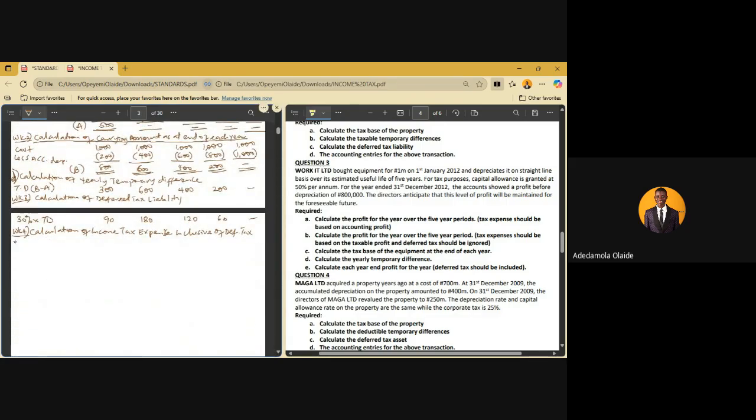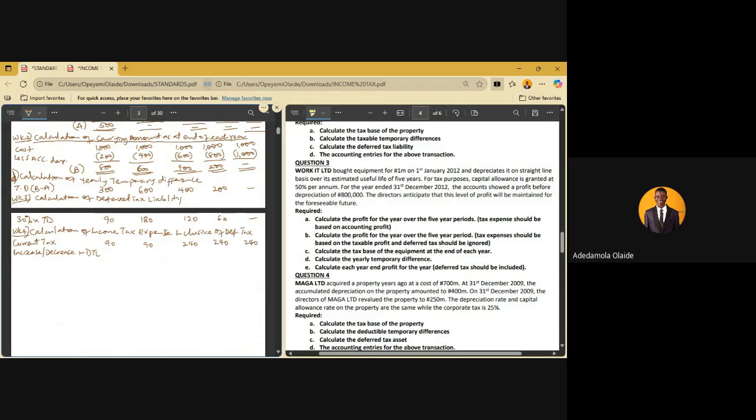So we'll say current tax 90, 90, 240, 240, and 240. Then increase or decrease in deferred tax liability. Because in each and every case we have the carrying amounts greater than the tax base, we have a taxable temporary difference.